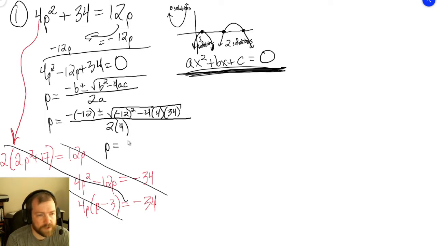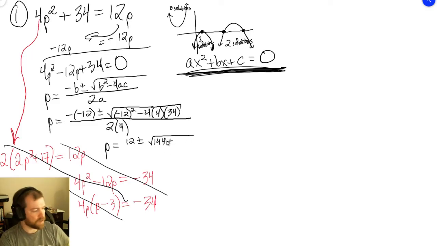So p is equal to a positive 12 plus or minus the square root of 144. This is going to be a plus 16 times 34. I could do it in my head and all that, but oh no, sorry, that's a minus. There's only one negative in there, so it's a minus 544.